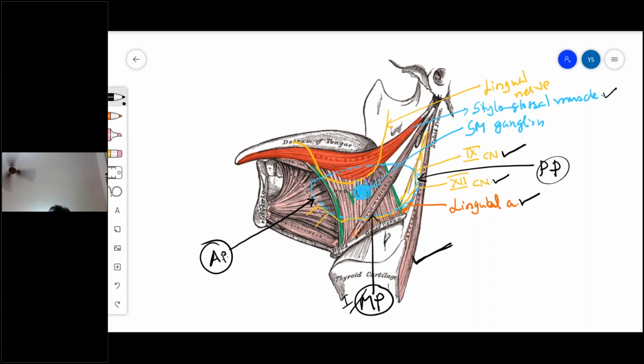Those form the posterior relations of the medial surface of the submandibular gland.